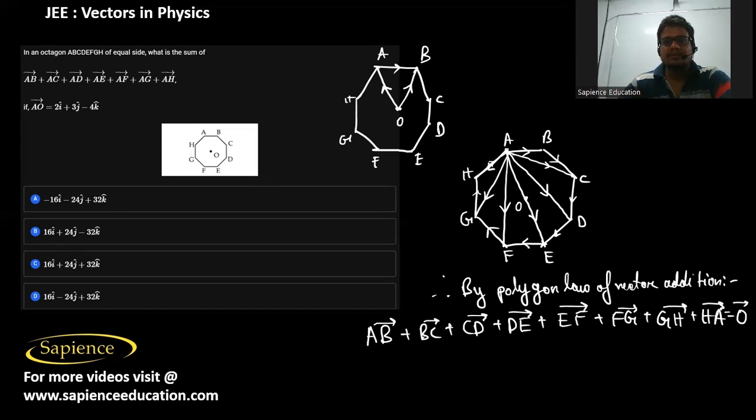So it means AB vector will be equal to OB vector minus OA vector. Similarly, BC vector will be equal to OC vector minus OB vector.